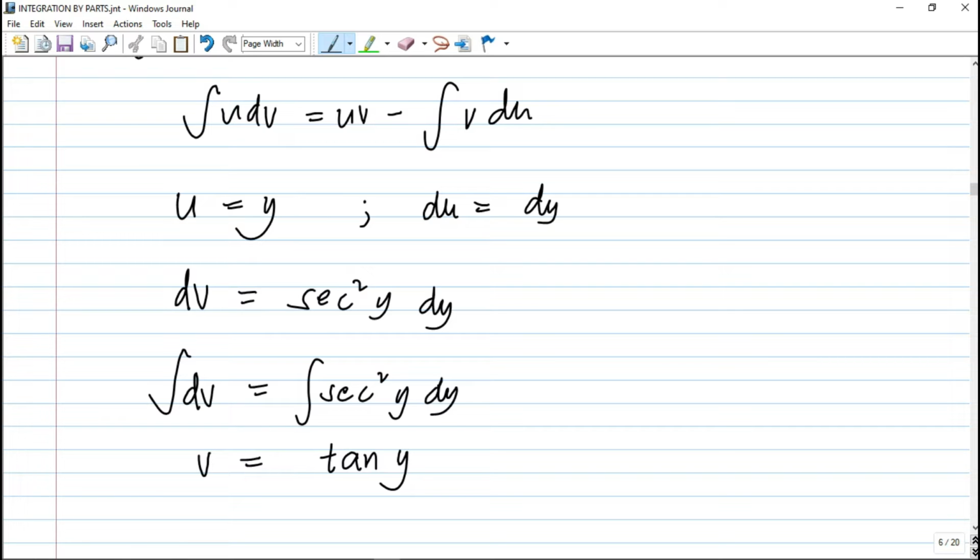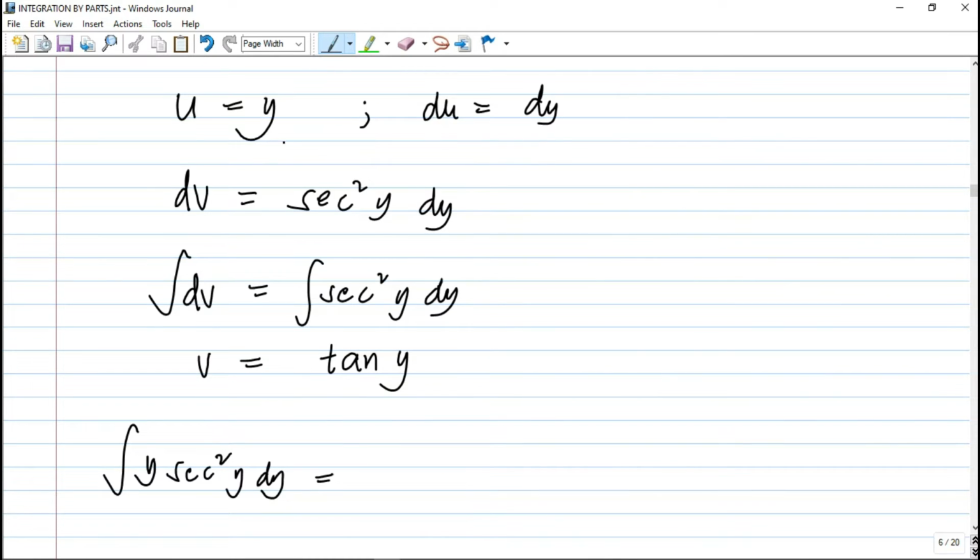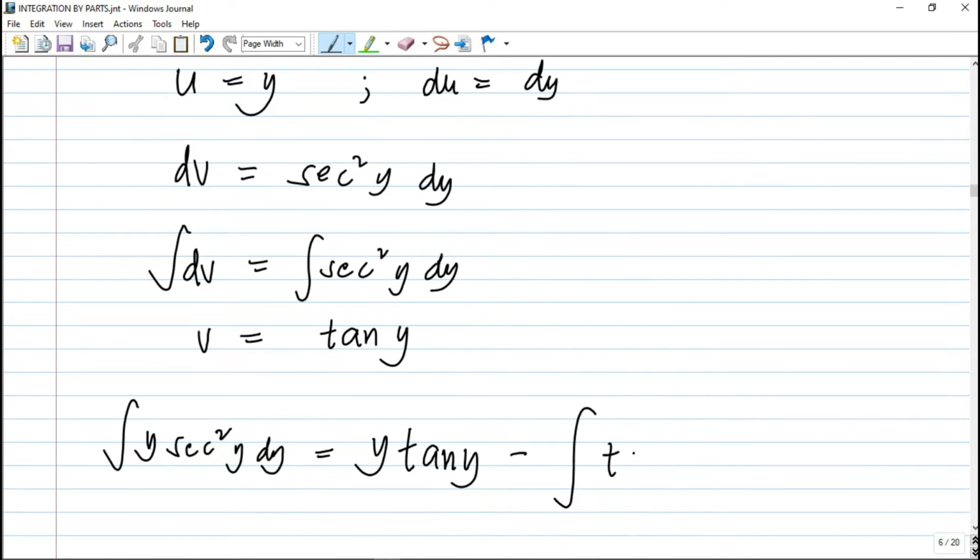Okay, let's substitute to our integration by parts formula. So integral of u dv, that is y, dv is secant squared y dy, then we have uv minus integral of v du. u natin here is y, v is tangent y, then minus integral of v du, isubstitute lang natin. v natin is tangent y, du natin is just dy.